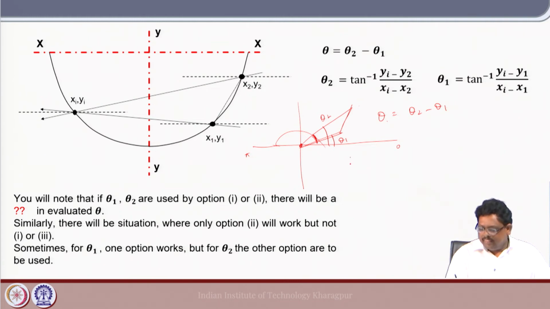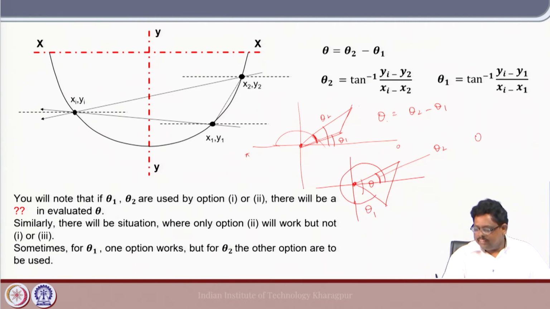Now, what I am doing in the second situation. Let us take the same point over here. Now, this section is here like this, and then this is your theta. Now, if I go over here, this is my theta 2, and if I go this way, it is my theta 1.